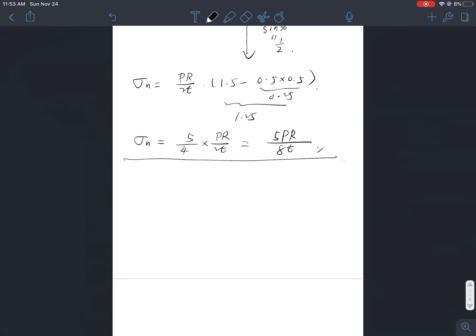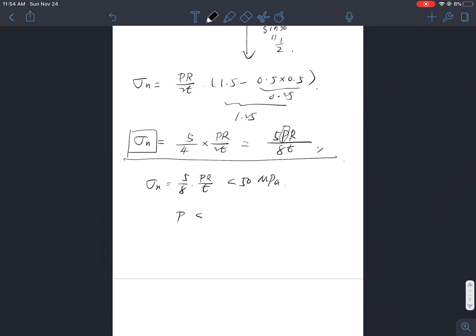So now I basically have a stress transformation and also connect my sigma n to my P here. From the problem, what I wanted is sigma n equals 5/8 PR over T has to be smaller than 50 megapascal.